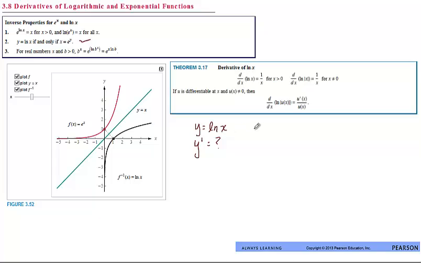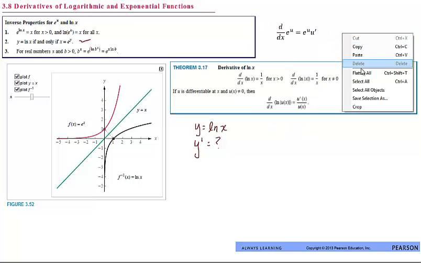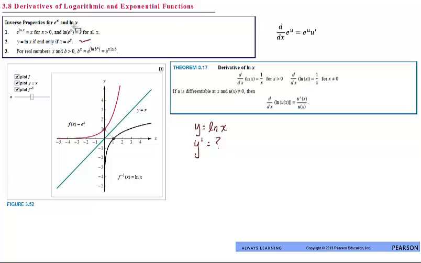We don't know any general rules right now for natural log of x, but we do know one for e to the x. We came up with it a while back, and I'm just going to set it up here at the top. I went ahead and wrote it for e to the u instead of just plain e to the x, and it's just a combination of e to the x and the chain rule.